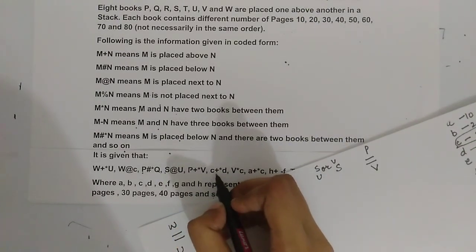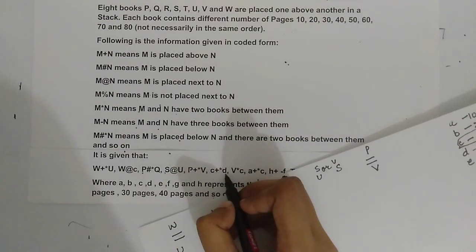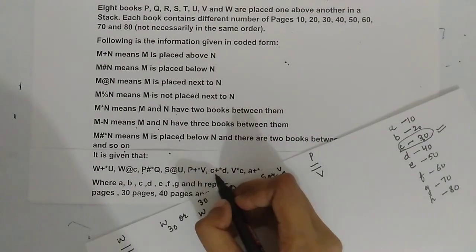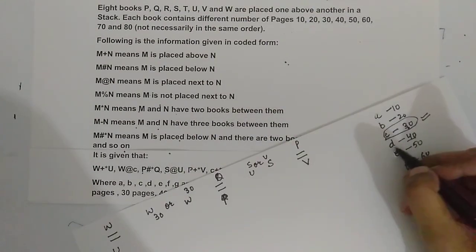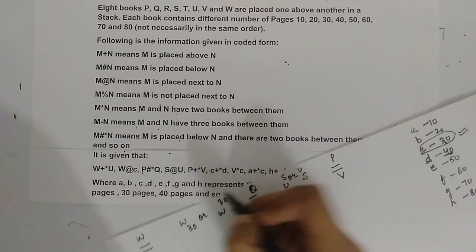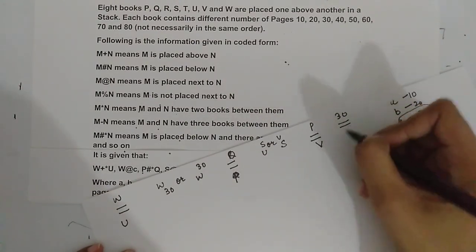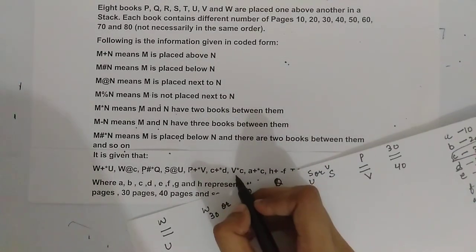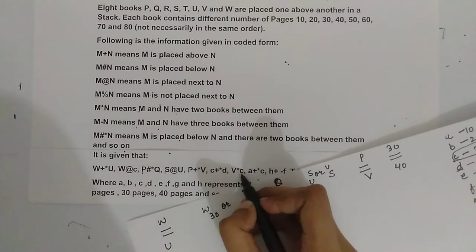Fine. Now see, c plus star d. Now the book having 30 pages is above the book having 40 pages, and star denotes there are 2 books in between them. So it will be like this. Fine. Now see the next one, V star c.